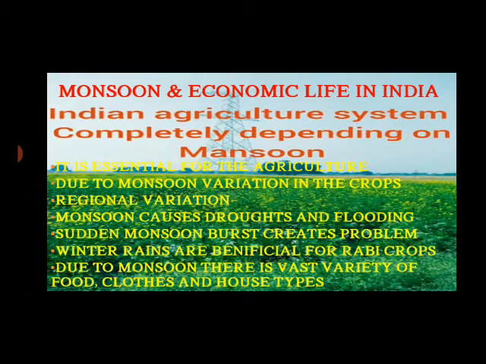The monsoon causes droughts and flooding in various parts of our country. The sudden monsoon burst creates problems for various people all over the Indian subcontinent. The winter rains are beneficial for rabi crops. Due to the monsoon, there is a vast variety of food, clothes and house types in every nook and corner of our country.